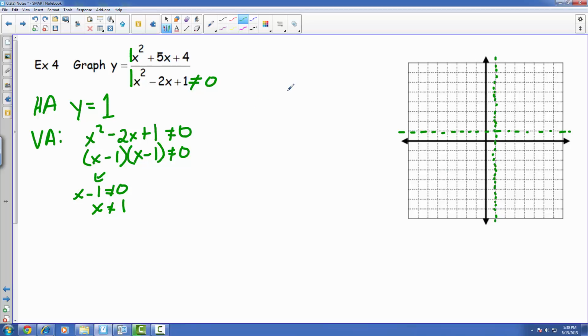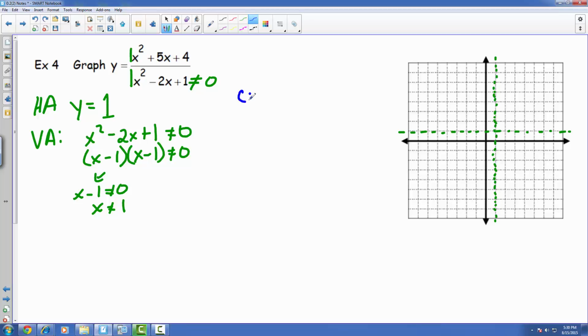Now, when we want to determine a crossing, this is where things get a little more interesting. We notice that our horizontal asymptote is 1, and as a result, instead of y, we're going to plug 1 in there.